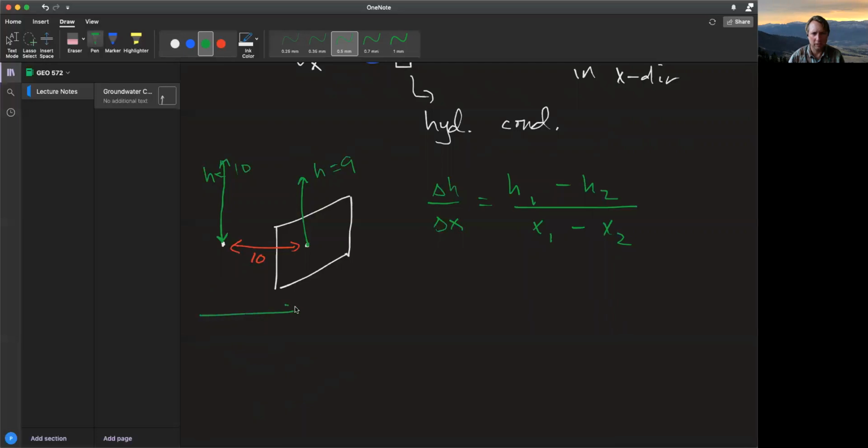Our X is increasing in this direction, so we're going to give this an X of 0 and this an X of 10. So this would be 10 minus 9 over 0 minus 10, and our gradient here would be negative 1 over 10.